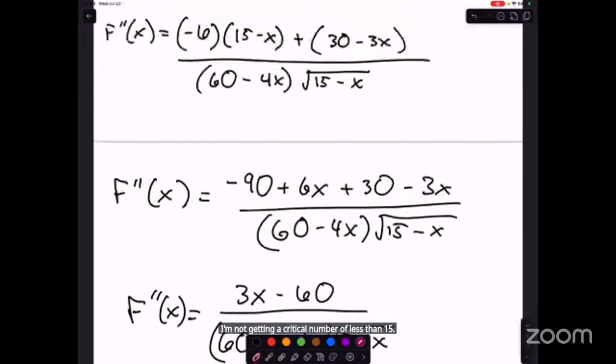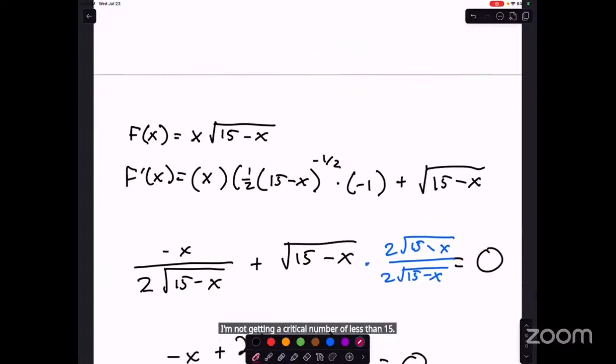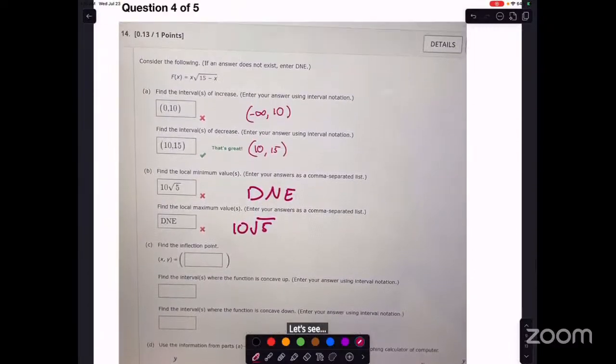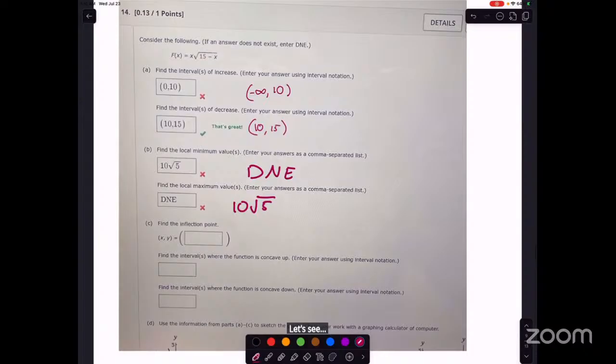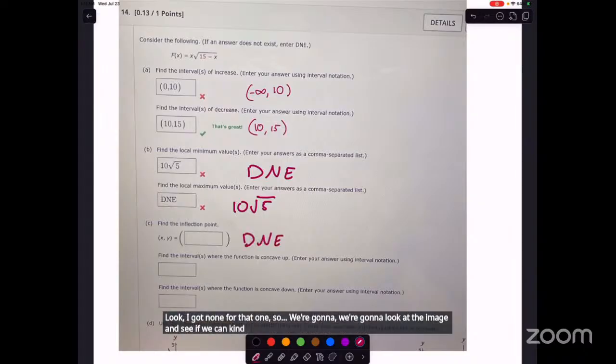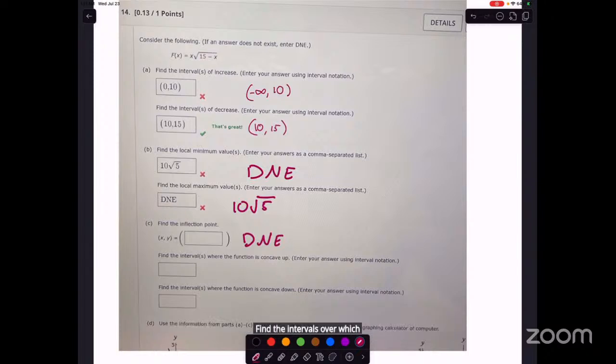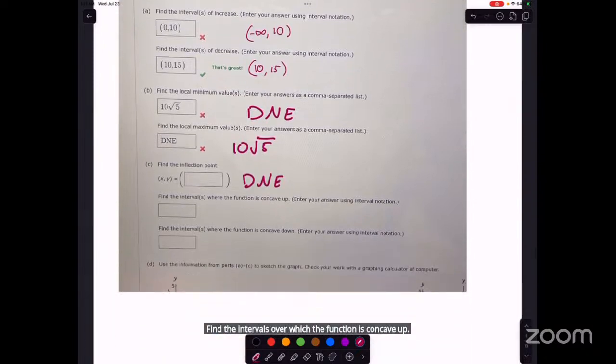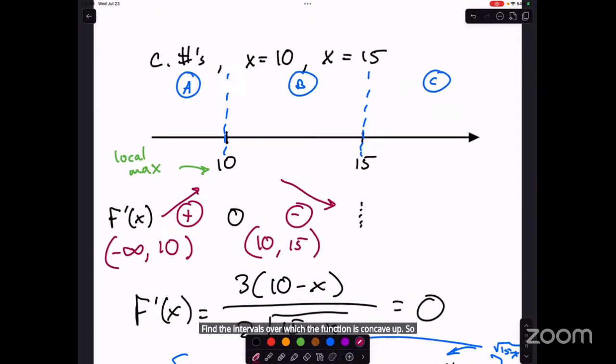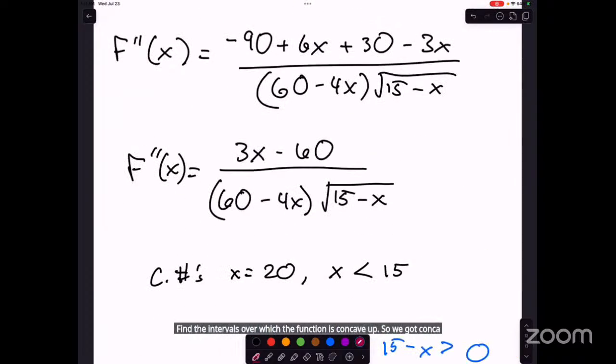So I got none for that one. So we're going to look at the image and see if we can confirm this. Find the intervals over which the function is concave up.